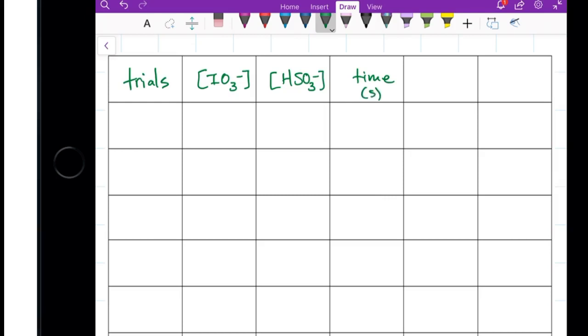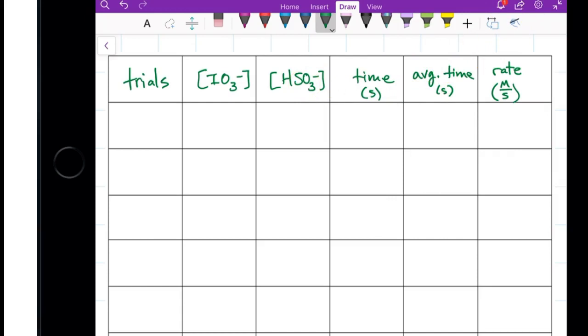We're going to have average time, once again in seconds, and then we're going to have rate, which is going to be molarity over seconds. And remember, when we calculate rate, we're just looking at the change in molarity of the bisulfite divided by the average time.